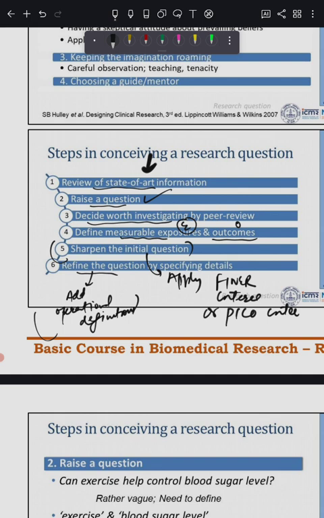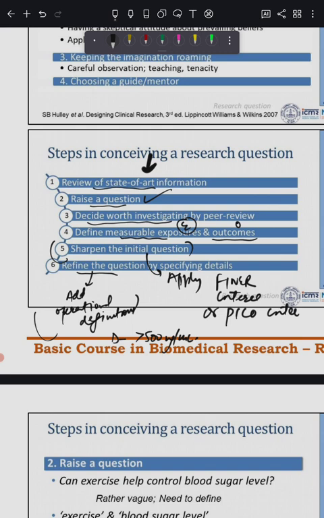For example, you keep a D-dimer cutoff greater than 500 nanograms per ml. PE confirmation is a positive CTPA, and you set the time frame within 48 hours of presentation. So this is how we say it.